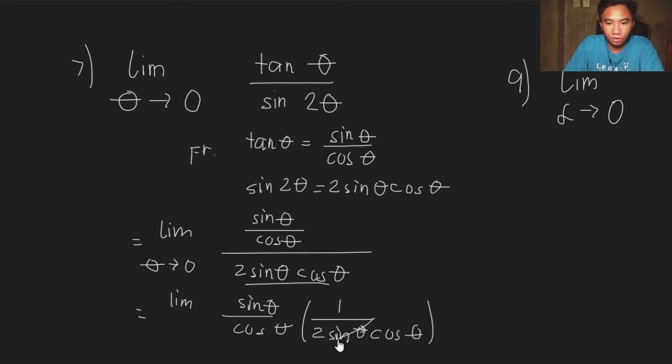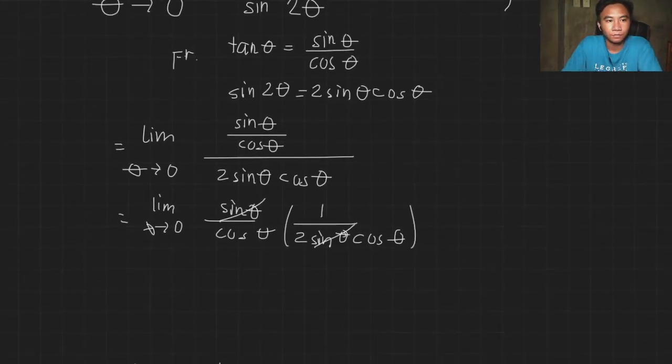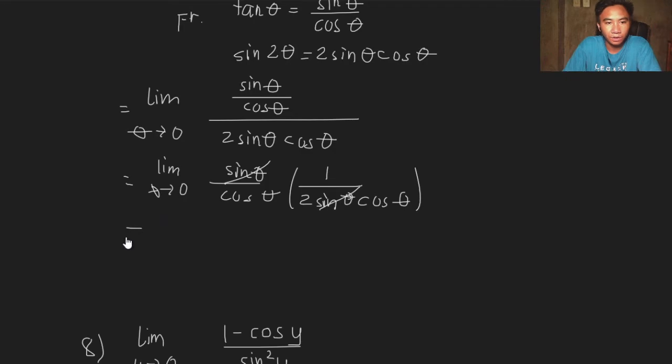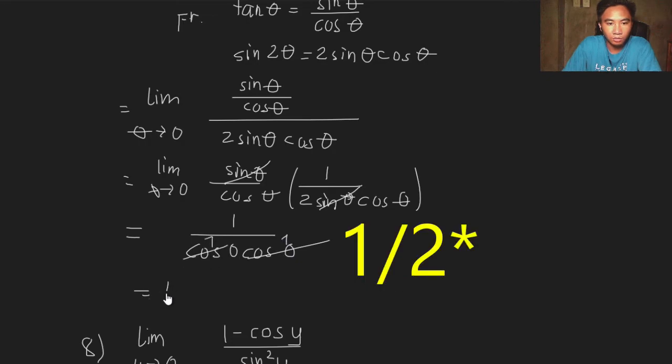So, cancel, cancel, as theta approaches to 0. So, simply, substitute lang natin 1 all over cosine 0. Ito ay equal to 1. So, our answer is 1.